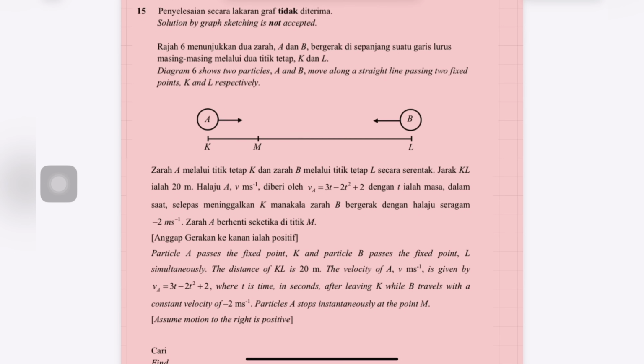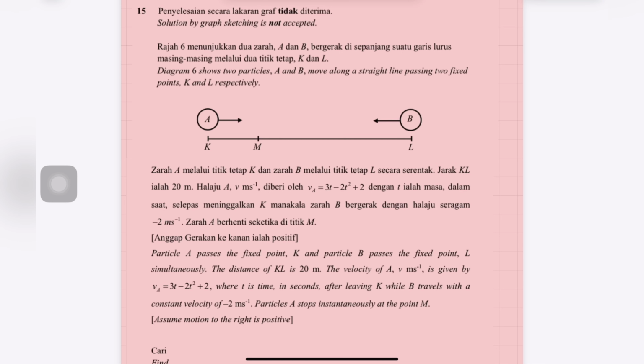The last one, question number 15. Solution by graph sketching is not accepted. Diagram 6 shows two particles A and B moving along a straight line passing two fixed points K and L respectively. Particle A passes the fixed point K and particle B passes the fixed point L simultaneously.